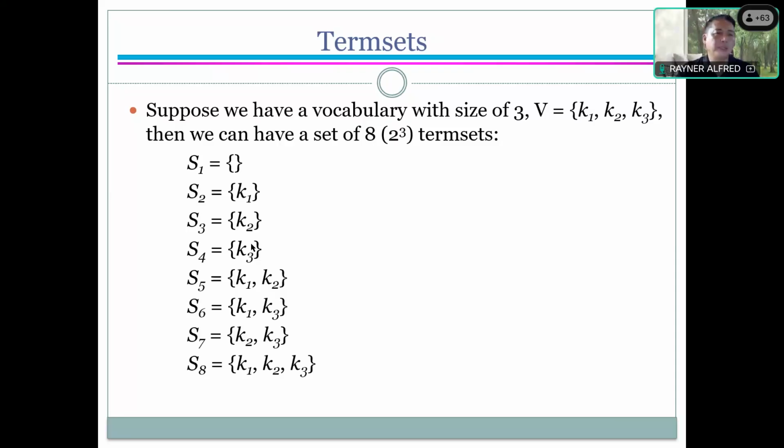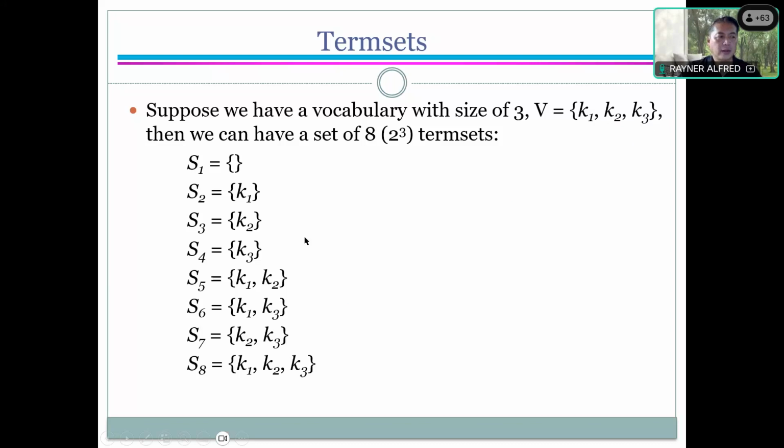So now we have term set 1 up to 8. Okay, term set 1 meaning that we can ignore this one because this is the empty set. But what they try to emphasize here is that it depends on the number of keywords that you have in your vocabulary. So if you have five keywords, you have 2 to the power of 5 patterns that you need to consider.